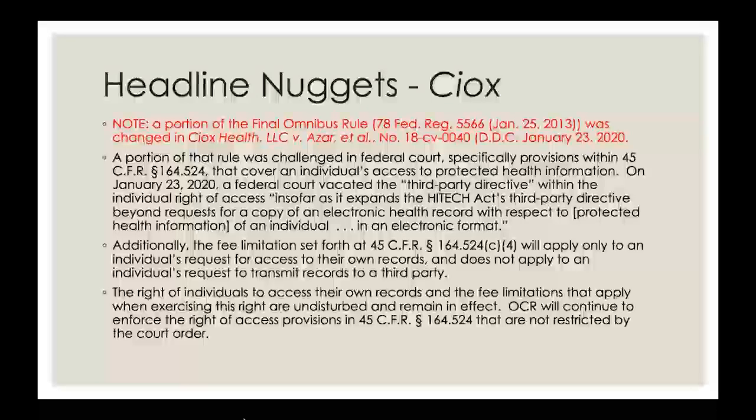A related item, which is also a headline nugget, is the Ciox case. And the key takeaway from this is that a portion of the final Omnibus rule, which everyone should be familiar with if you work in the healthcare space, basically changed how third parties can obtain and charge for medical records.